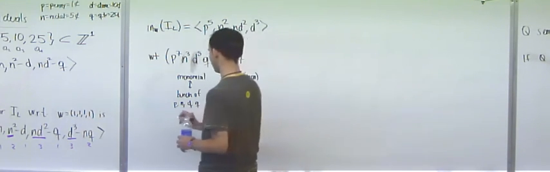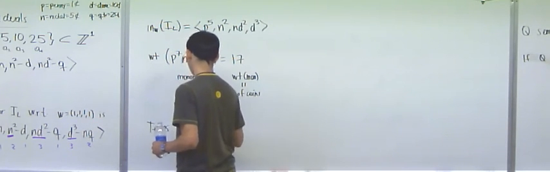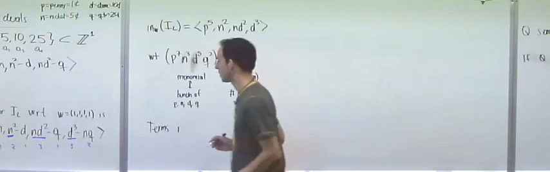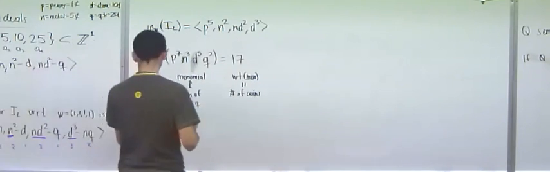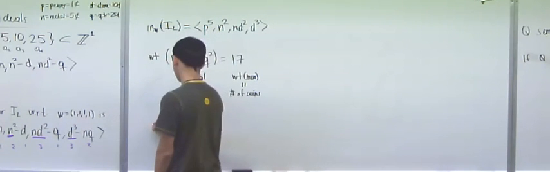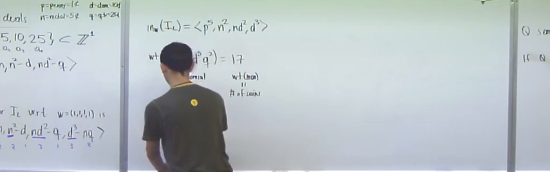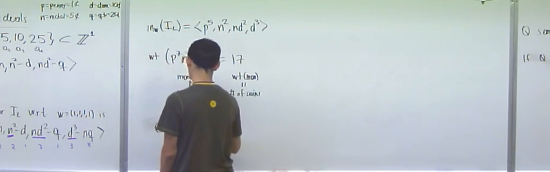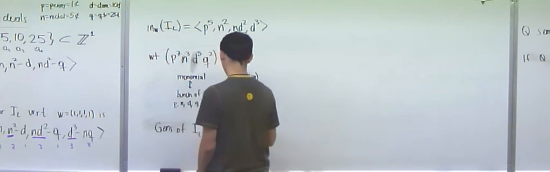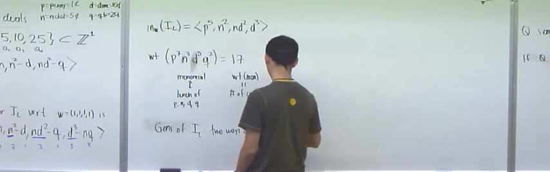So the terms, let's put it in this way. The generators of the ideal correspond to 2 ways of making the same amount of money.